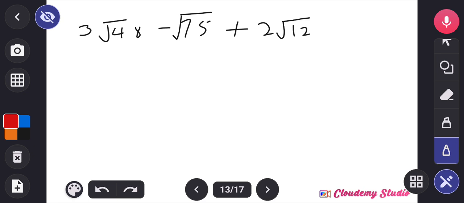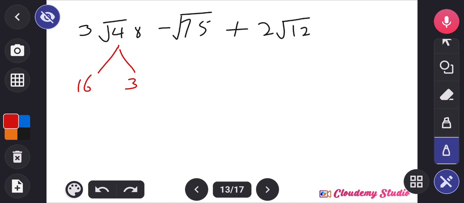Look at this 48. I can multiply 24 and 2, 24 times 2 equals 48. But is there root 24? No. Is there root 2? No, which means I cannot use it like this. What again can I use? I can use 16 and 3. So let us use 16 and 3.